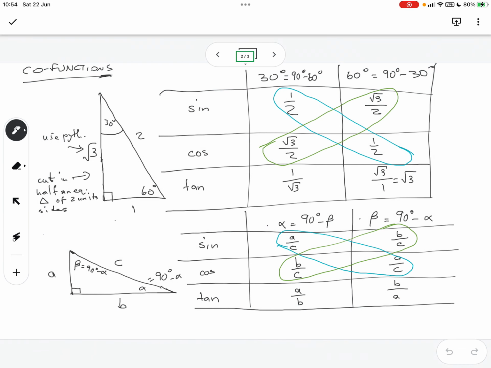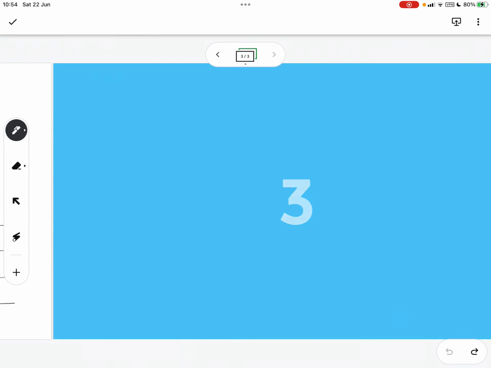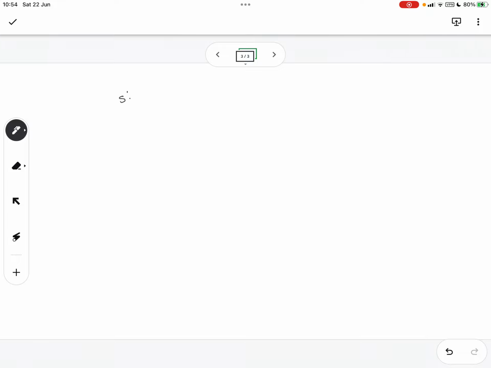Now what happens whenever we are looking at the sine of alpha, we can simply say that it also equals the cosine of 90 degrees minus alpha. So if we have the sine of alpha in this same triangle, A, B, C, I'll just erase these so they look neat.